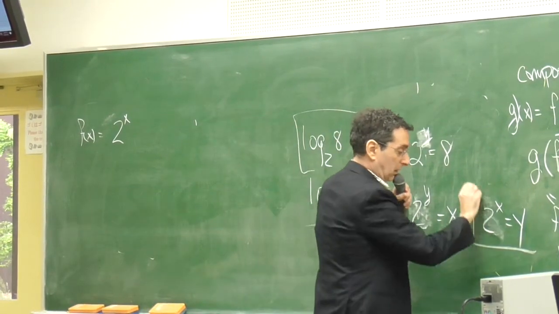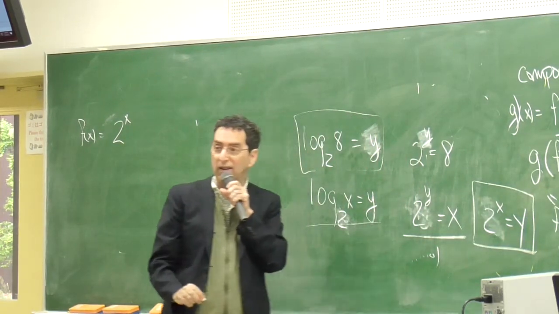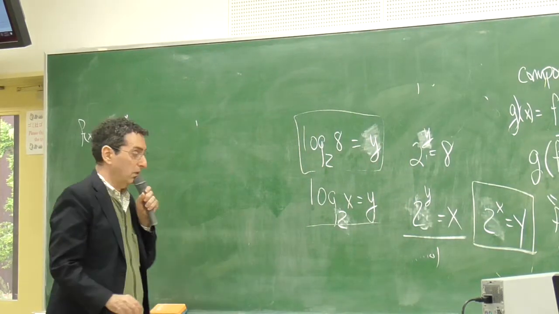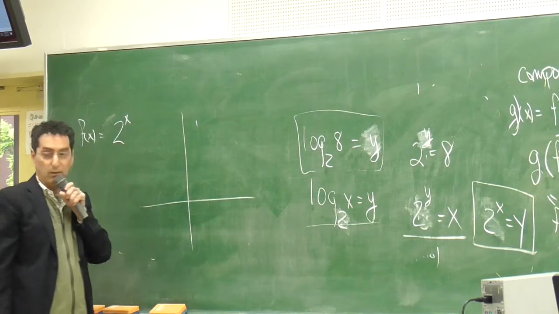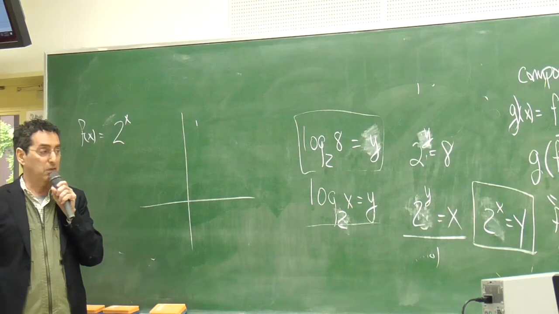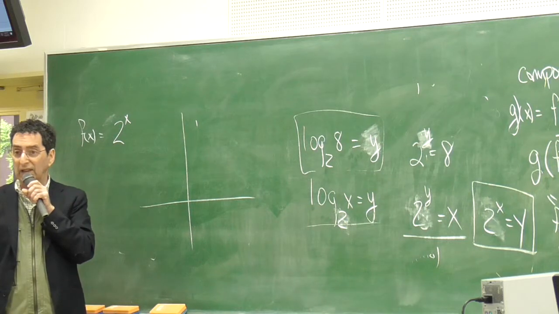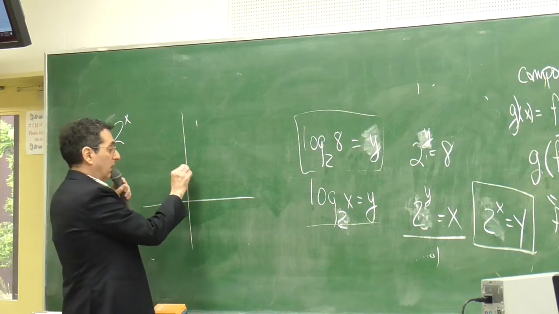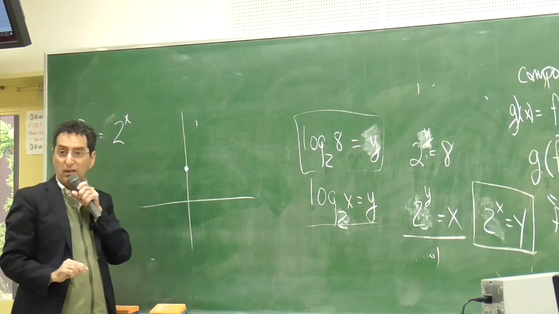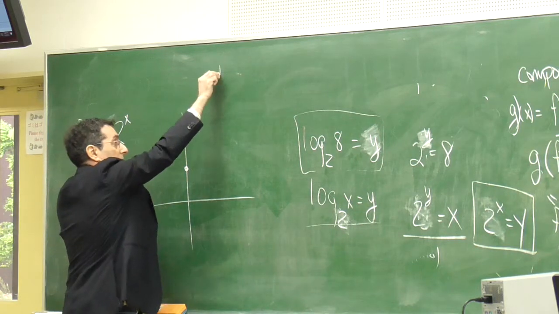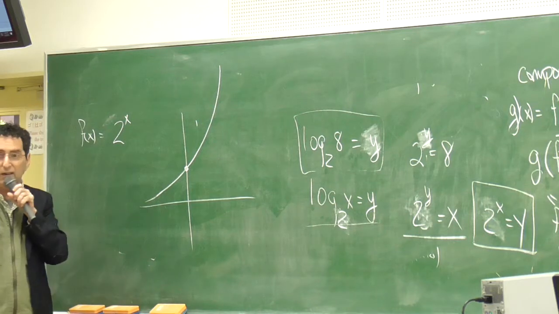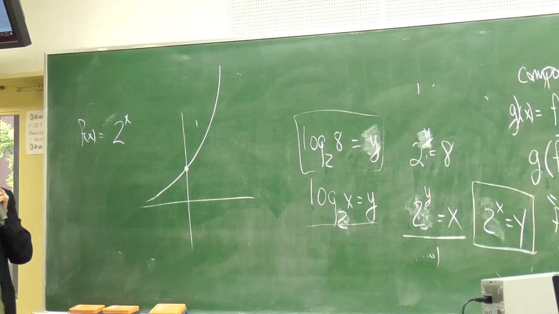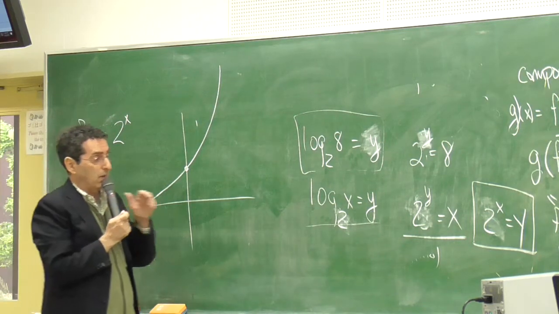Well, it's going to be the inverse of the graph of that. So what is the graph of that? Well, we already did that. y equals 2 to the x, at the beginning of class. We said it goes through here, and then it goes up like this, and goes down like that.